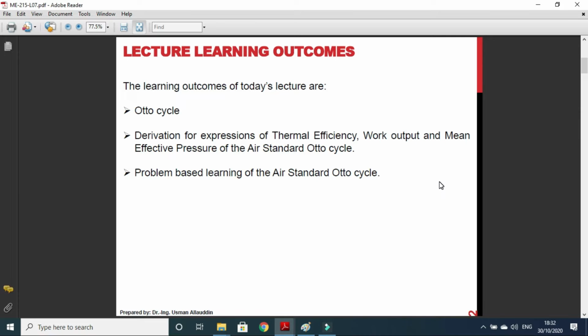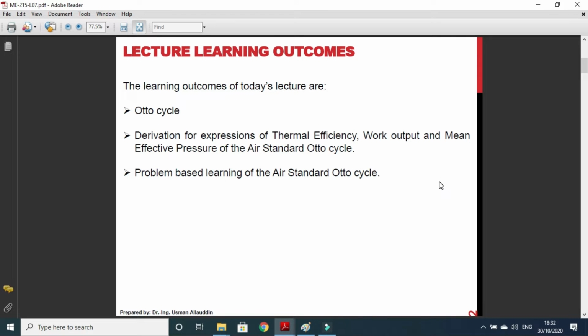So this is the standard practice which we will follow in the diesel cycle, dual cycle, and the Brayton cycle as well. That is, first we will derive the expressions for thermal efficiency, work output, and mean effective pressure, and then we will solve some numericals. So this is a common practice, and these derivations may also come in the exams.